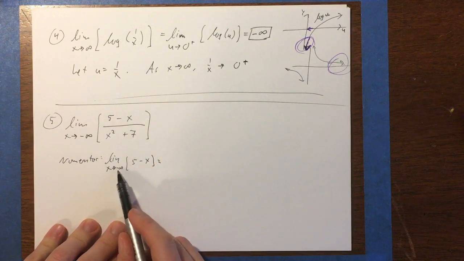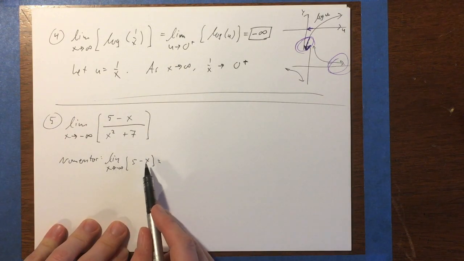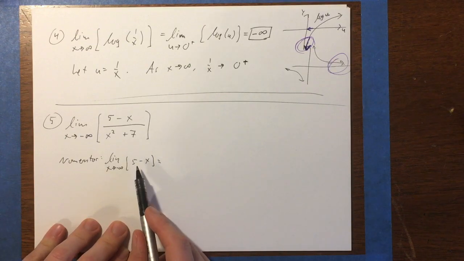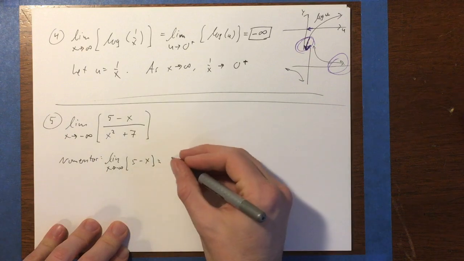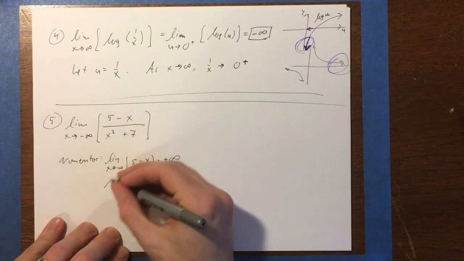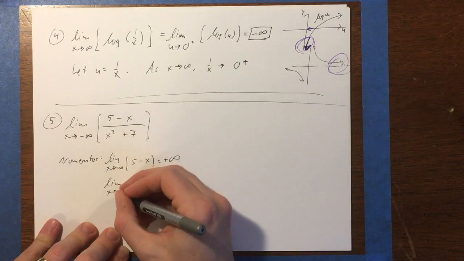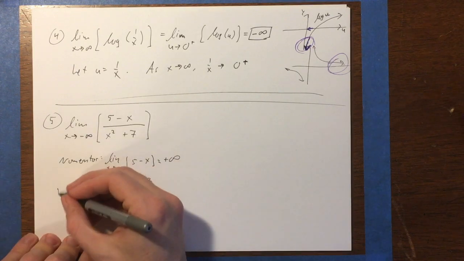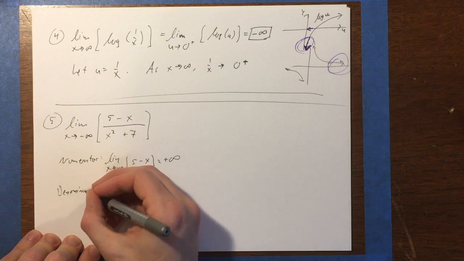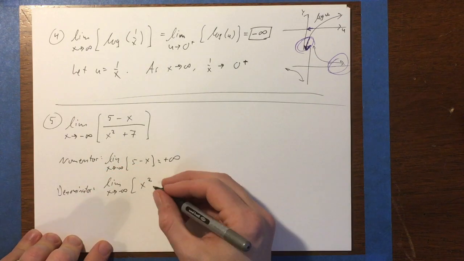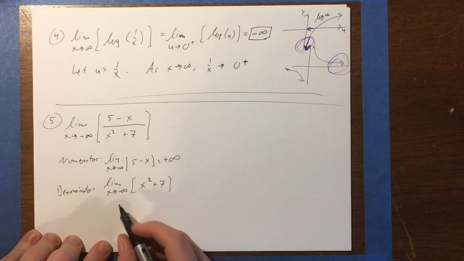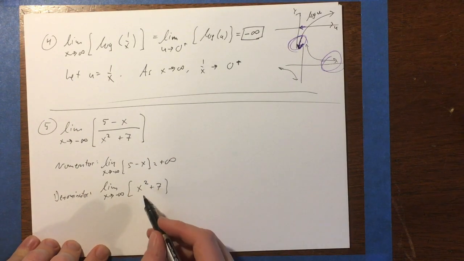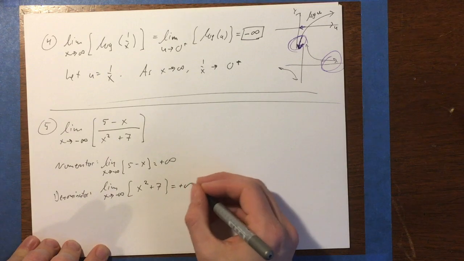If x is approaching negative infinity, the negative, when you stick it in for x, is going to cancel with the negative there. So this will be more like we're taking 5 and adding large numbers, which is going to be approaching positive infinity. For the denominator, x approaches negative infinity, but since we're squaring x, squaring is going to give us positive numbers again. So this is also positive infinity.